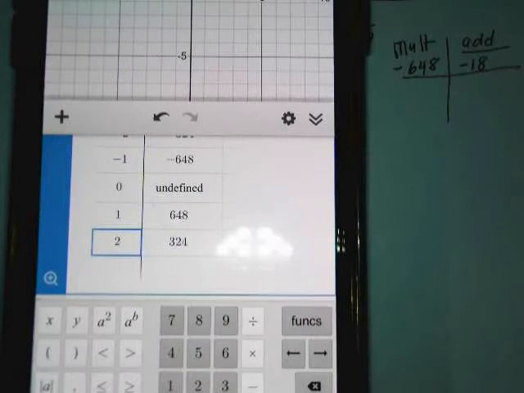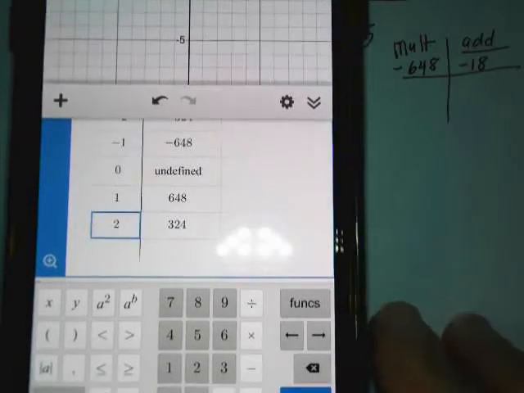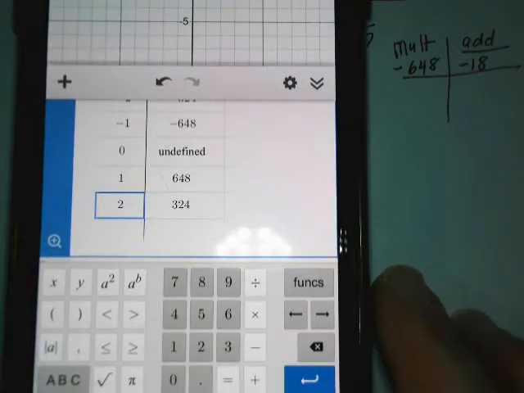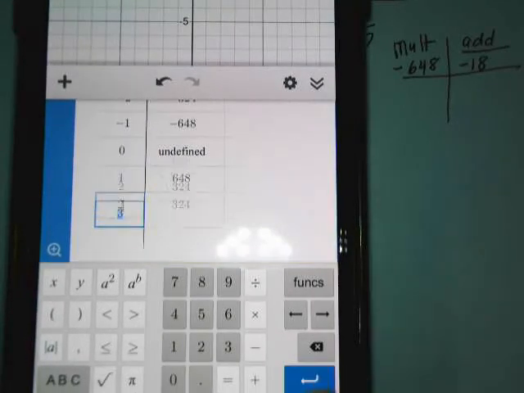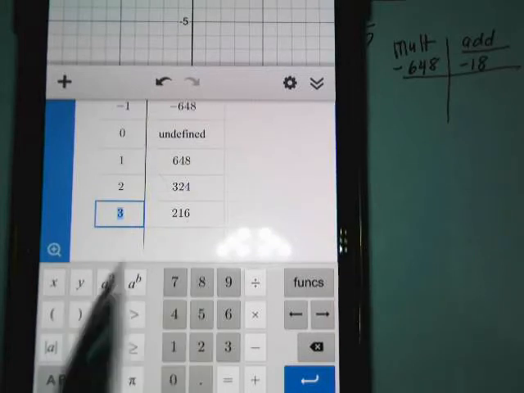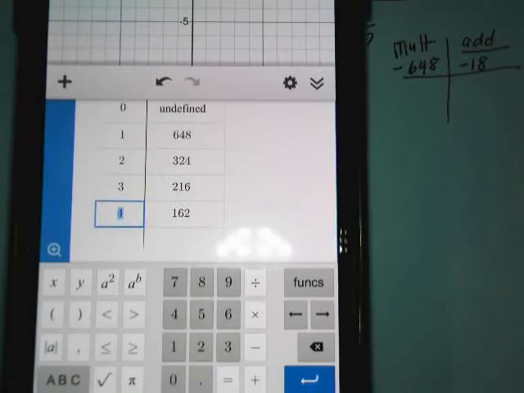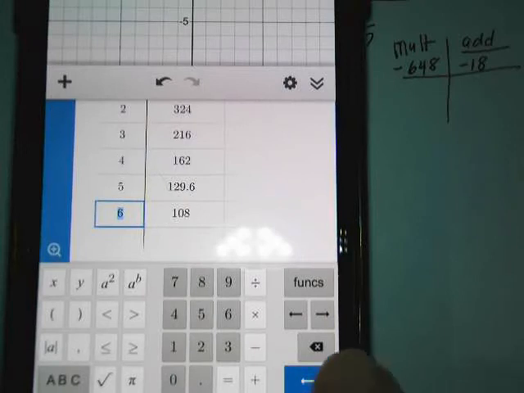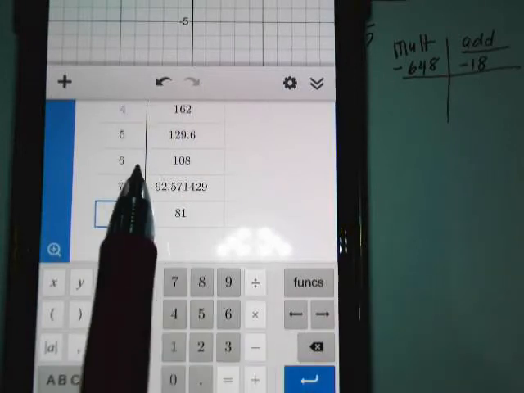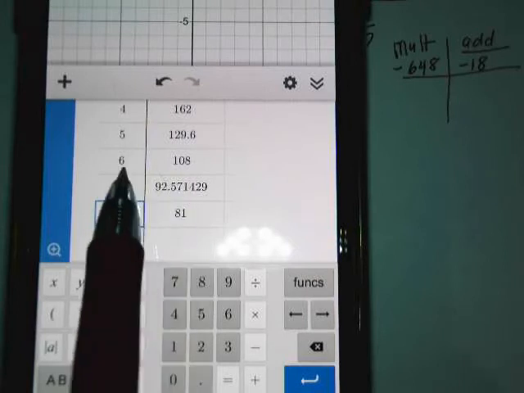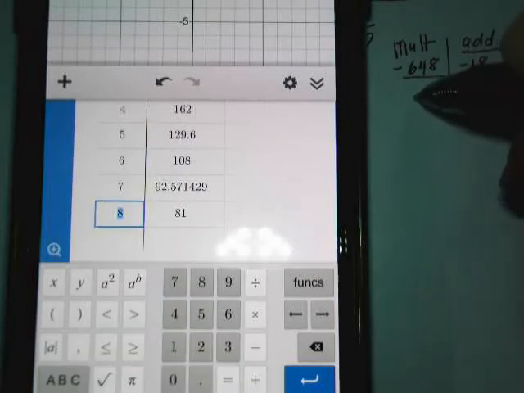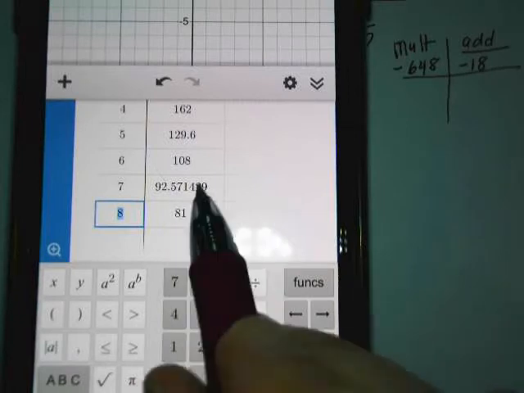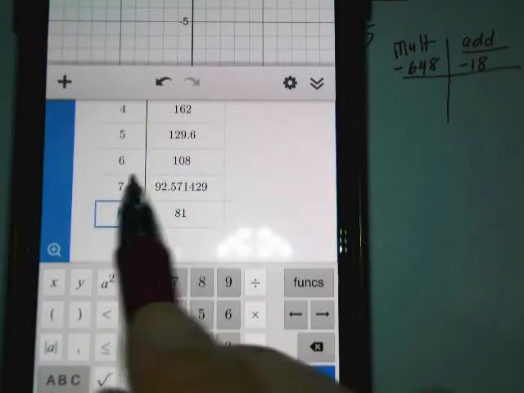So I can hit the enter button. Now I have 3 times 216, 4 times 162, 5, we need even numbers, that's not an even number, 6, and as you go, if you need to transfer them to another spot, you can. This is not giving me -18.